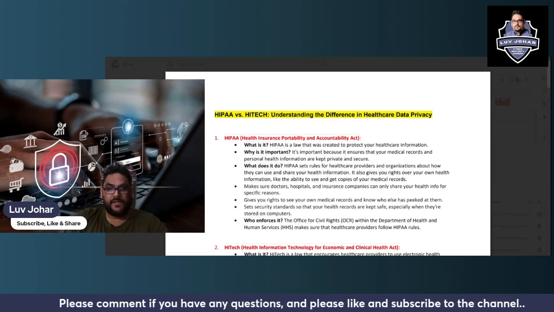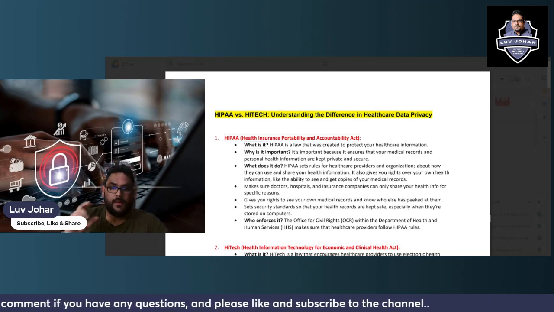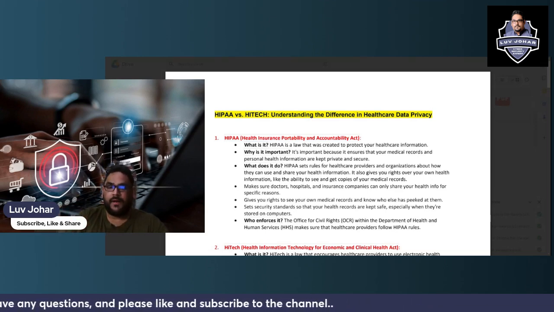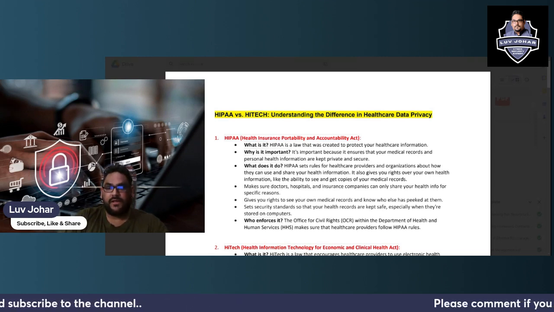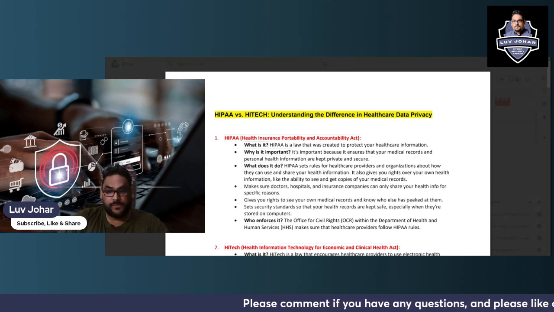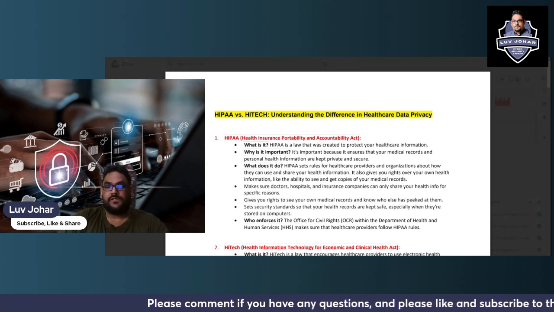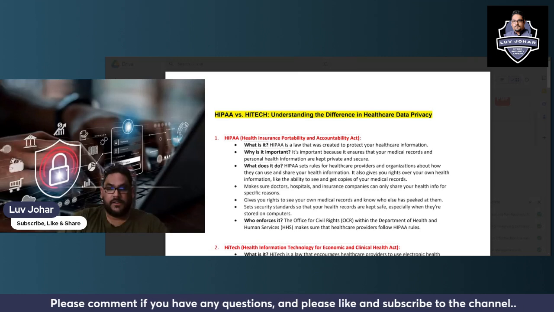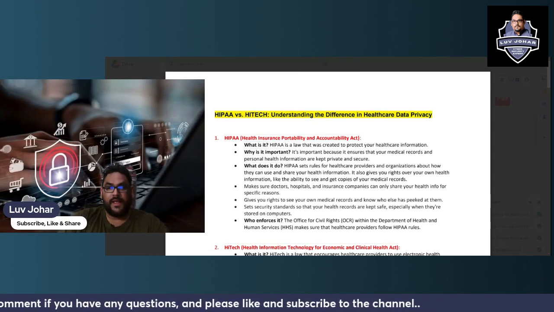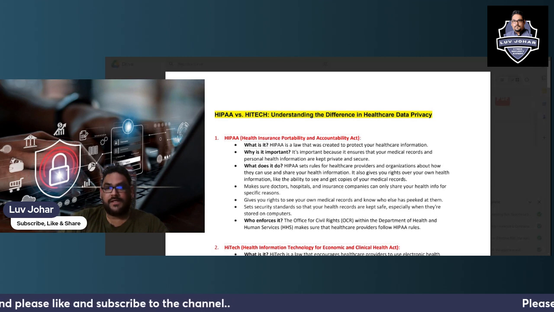So they have to be very specific when they are sharing your medical records with any other third parties. Okay, and it also sets out security standards so that your healthcare records are kept safe, especially when they are stored on computers, because these are electronic information, so electronic records. So they have to be governed by some sort of security standards. Those standards are set by HIPAA.